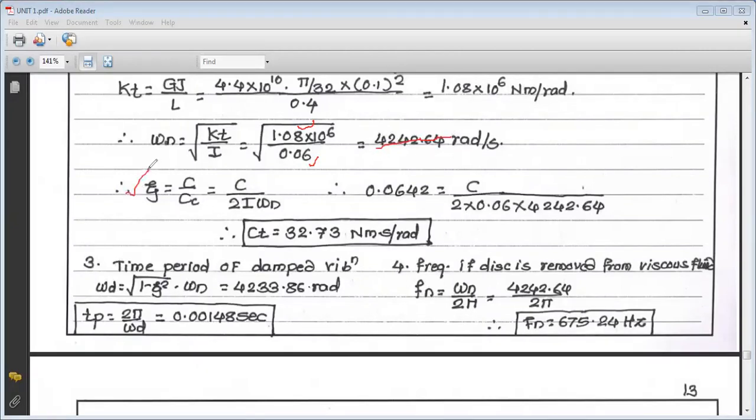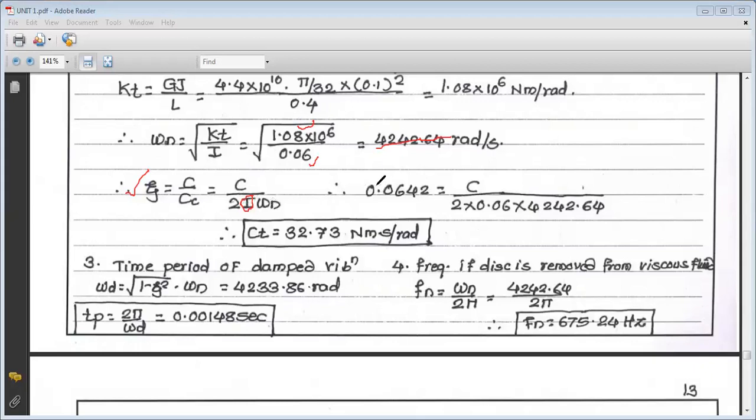Now, from that we can find out the zeta. Now, zeta is nothing but C upon Cc. In case of linear vibration, there is mass, that is Cc is 2m omega n. But in case of torsional vibration, mass is replaced by mass moment of inertia, that is I. So zeta is C upon 2I omega n.